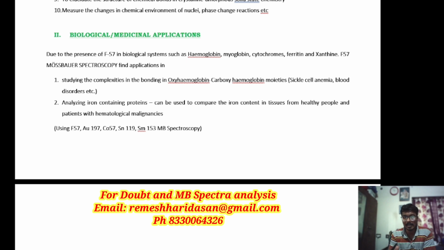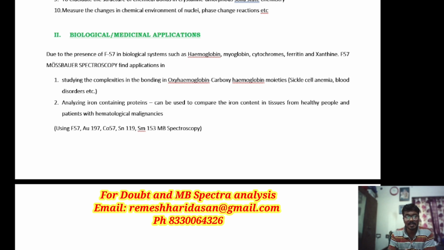If hemoglobin is bonded to carbon monoxide or carbon dioxide, what kind of bonding exactly happened, which we can study using MÖSSBAUER spectroscopy, and sickle cell anemia, blood disorders, etc.